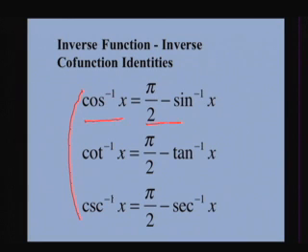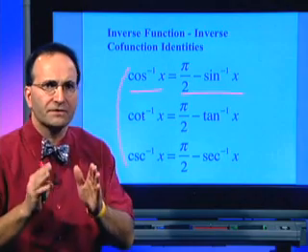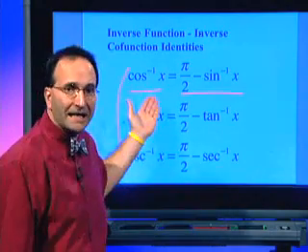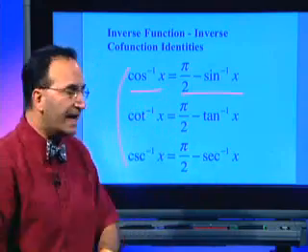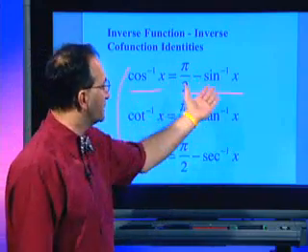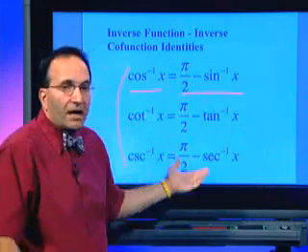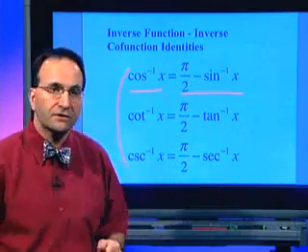Cosine inverse is equal to pi over 2 minus sine inverse, which means if we were to ask to find the derivative of cosine inverse, what we can say is, well, the derivative of this must be the derivative of that side, which the derivative of pi over 2, of course, is 0 because it's a constant.